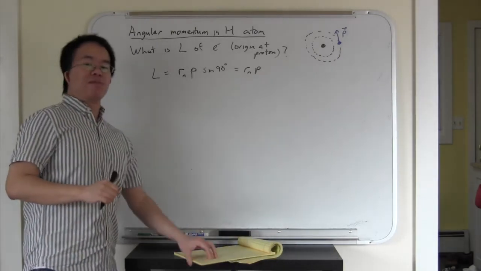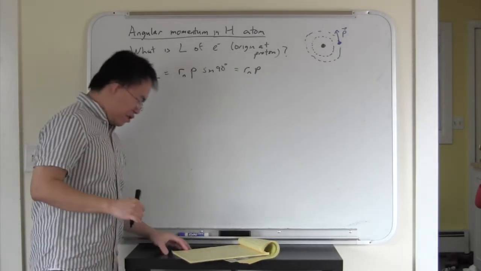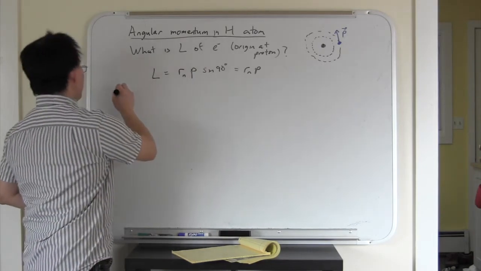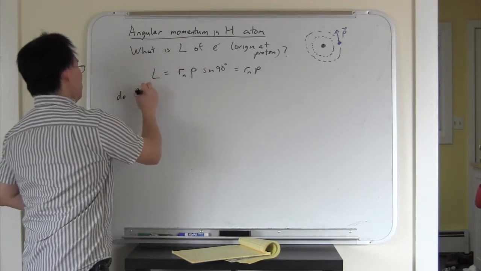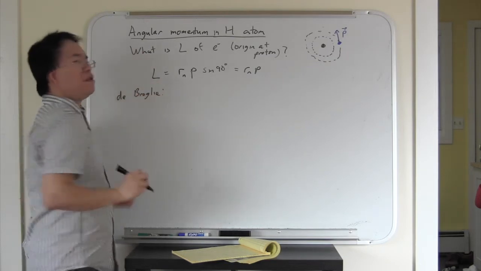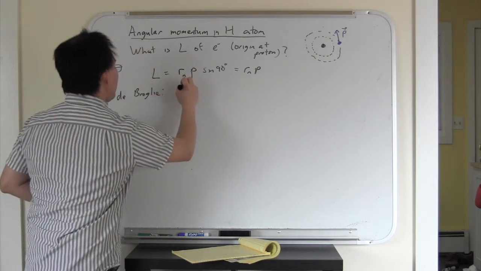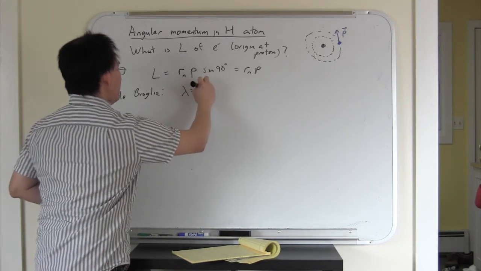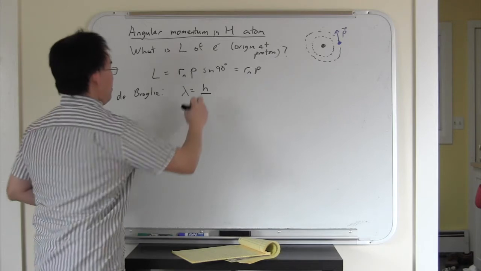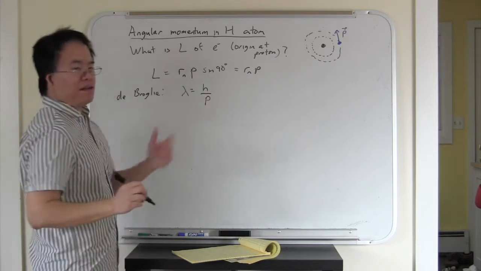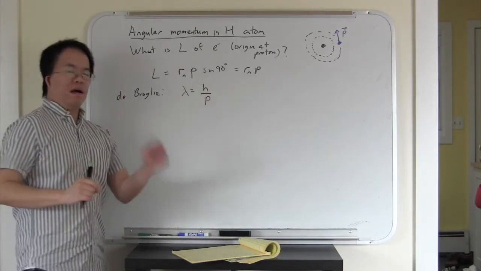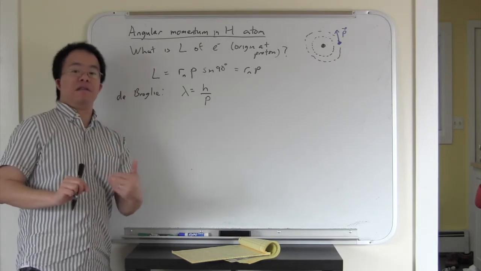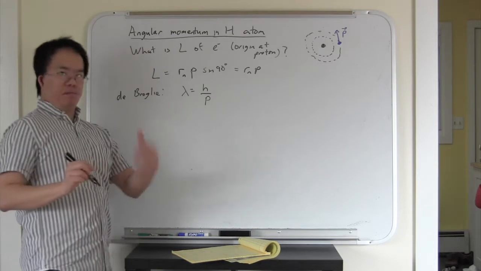Now, it turns out the quickest way to see where this comes from is to use de Broglie. So de Broglie tells us that the wavelength is going to be equal to h over the magnitude of momentum. However, we also have that quantization condition we invoked in deriving the radii.